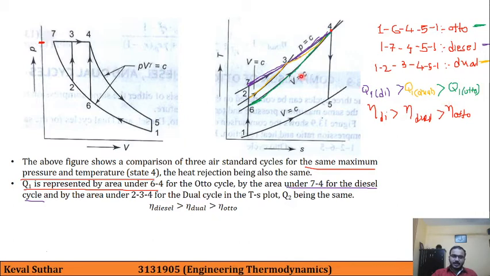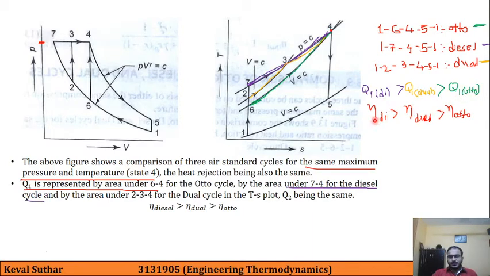Similarly, the second comparison here is for the same maximum pressure and temperature, that is, this is the maximum pressure which is common for the three cycles, and here the maximum temperature, that is T4. Here also, if we focus on the TS diagram, the maximum heat addition is for the diesel cycle, lesser than that is the dual cycle, and after that minimum is for the Otto cycle.